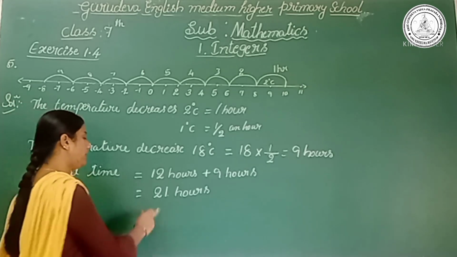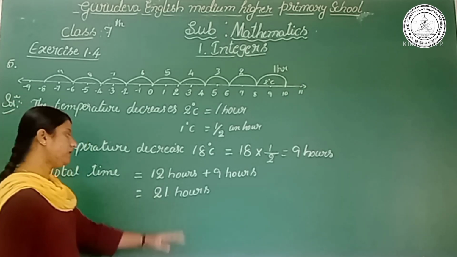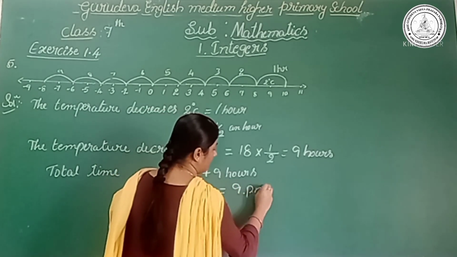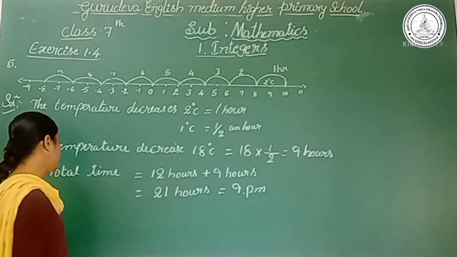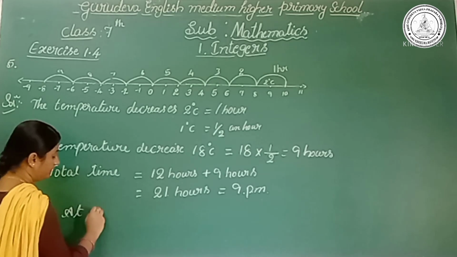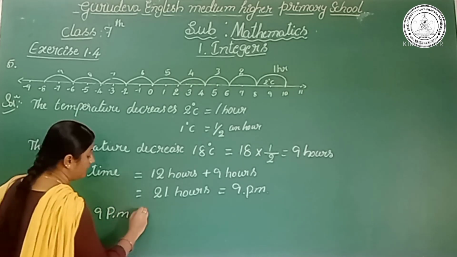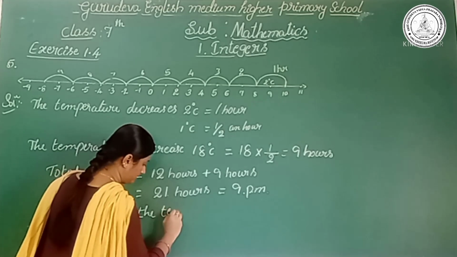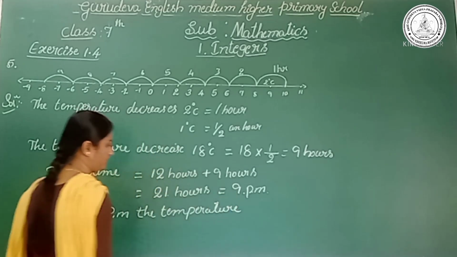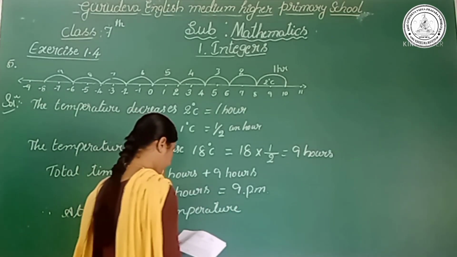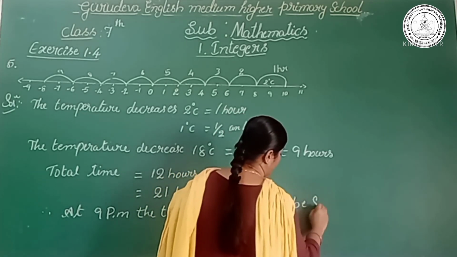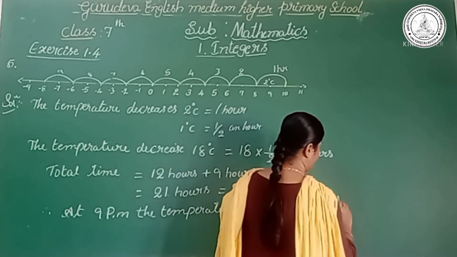Then therefore, 21 hours in railway timing we can say as 9 p.m. It is 9 p.m. So therefore, at 9 p.m. the temperature would be 8 degrees Celsius below 0.